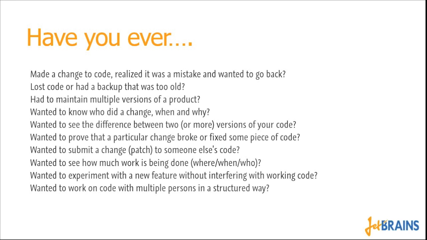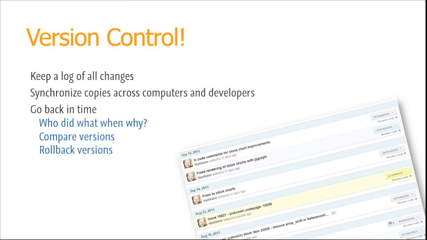Maybe you want to see the difference between two versions of your code. Maybe you want to see the difference between a version from 1 week ago and the current version you have. Maybe you want to prove that a particular change broke some piece of code. Or maybe you want to just change some code. Basically, whenever you're having issues or questions about your source code, not at a technical level, but more about the why, the where, the when, and the who, I think source control may be the answer.